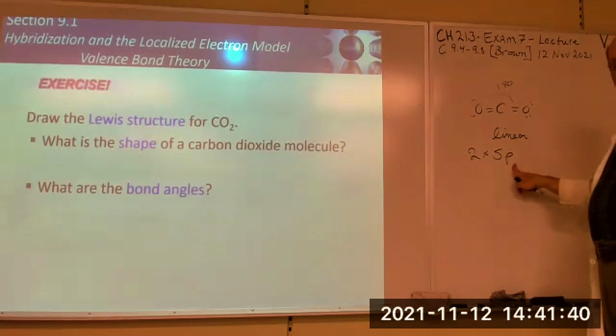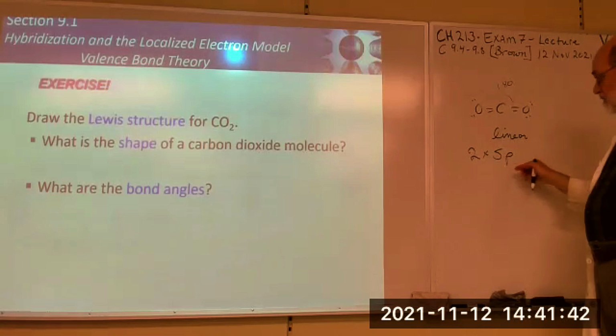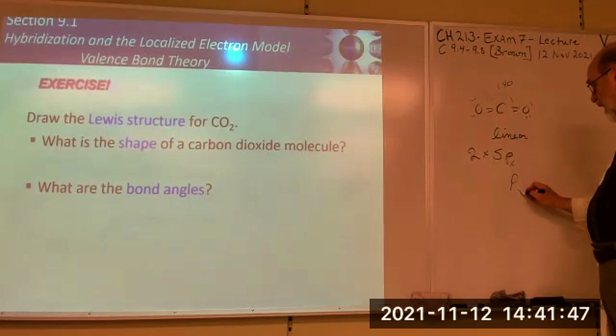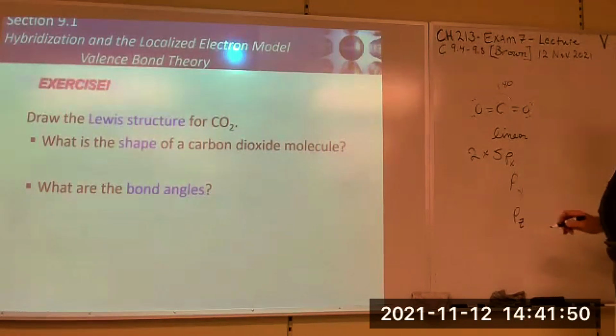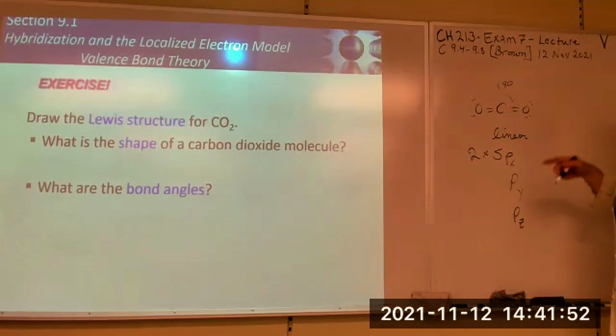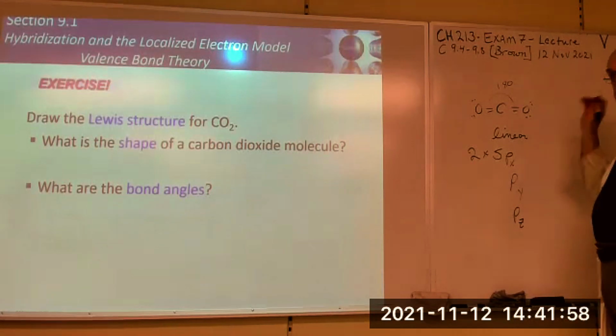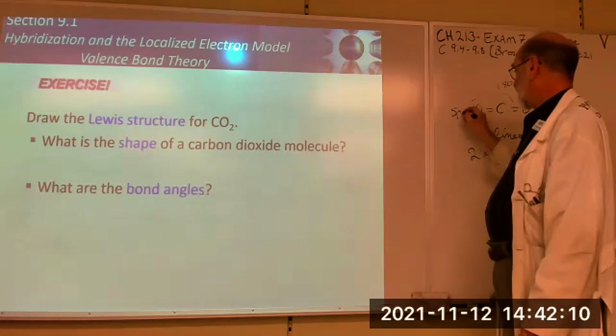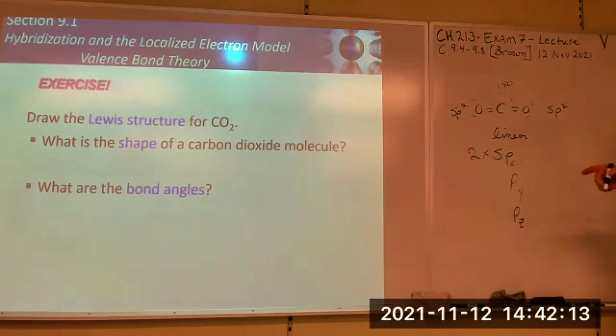Now we've got two p's that are unused, right? If this is a px that was involved in that hybridization, now you've got a py and a pz unused on that carbon atom. How about the oxygens? Well, the electronic structure of the oxygen would be one, two, three, or trigonal planar, which means sp2 for this oxygen and sp2 for that oxygen. So that means each of these oxygens has one unused p.